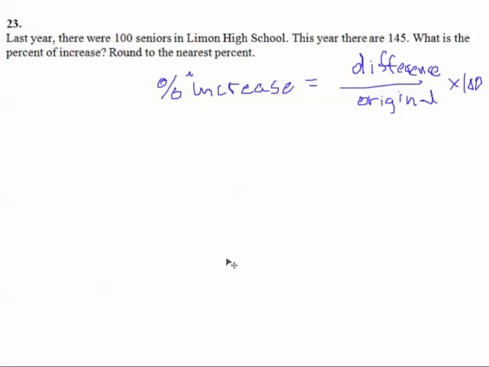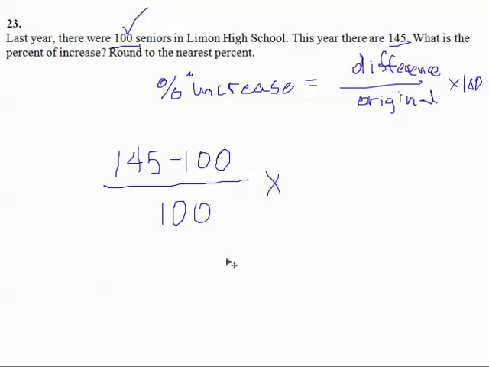So the difference was when we subtracted the two things. So last year there were 100 seniors, and this year there's 145. So I'll say 145 minus the 100. Then I want to divide by the original number. The original number is how much there were originally, 100. And then times the 100 because it's a percent. And it's that times 100 that gives me a percent.